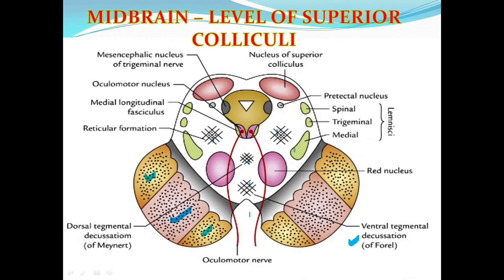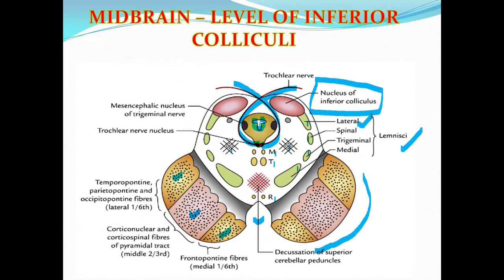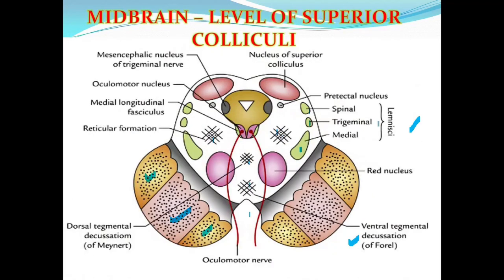The medial, trigeminal and spinal lemnisci are common. The only thing missing is the lateral lemniscus. The cerebral aqueduct of the midbrain is common. The main point to be remembered is the cut section at the level of superior colliculus.